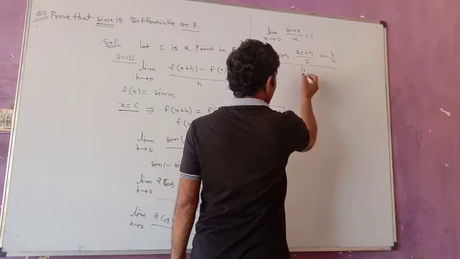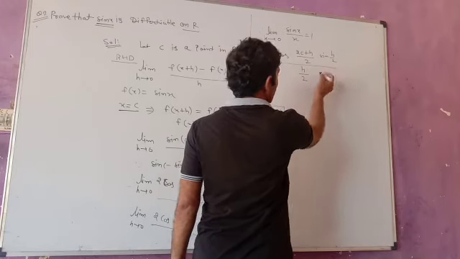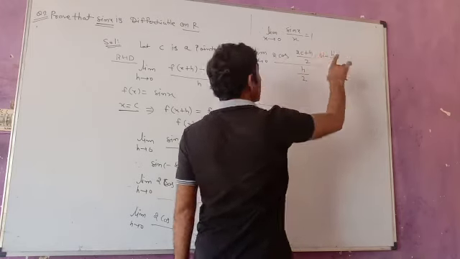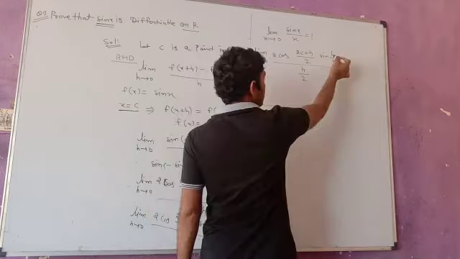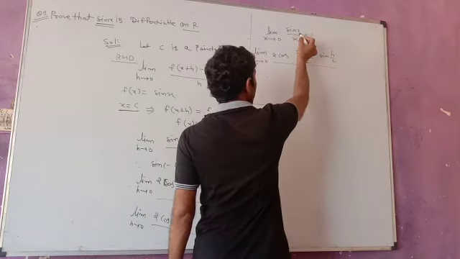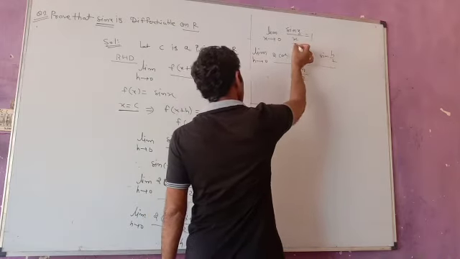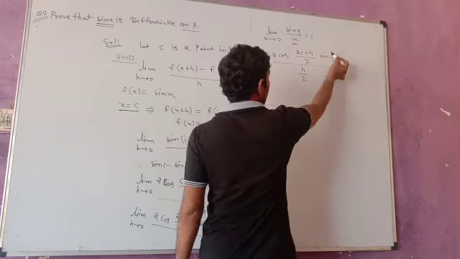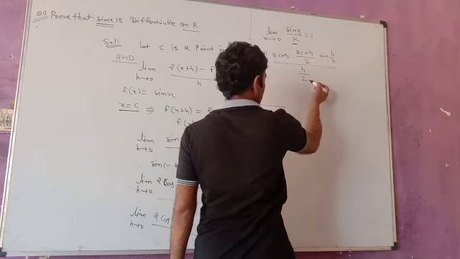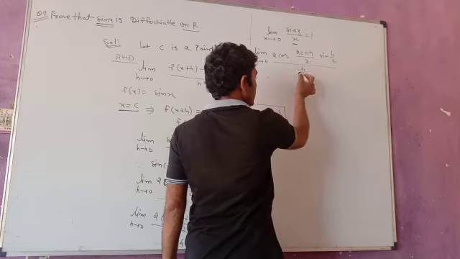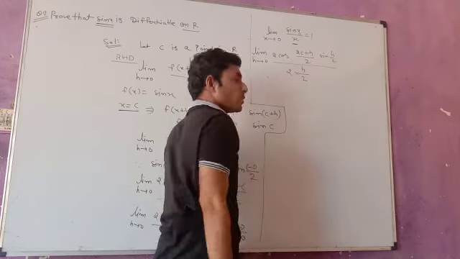Now I am dividing this h by 2 because the argument of sine in the numerator is h upon 2. According to the limit, if the argument is x, then the denominator will be x. Sin(h/2), h/2. I divided h by 2, multiplied by 2 for balancing.